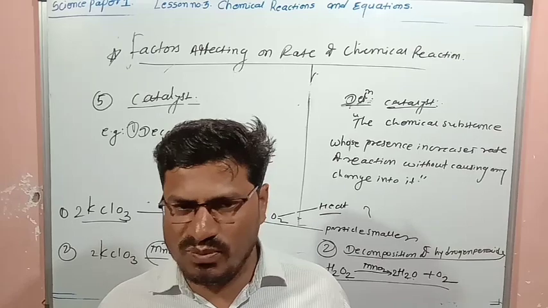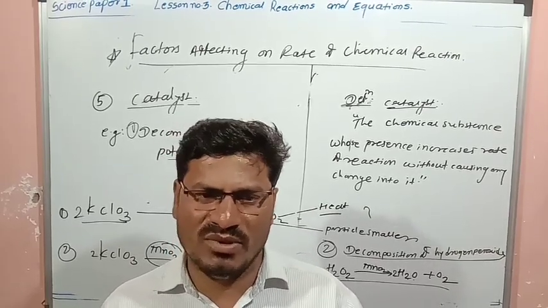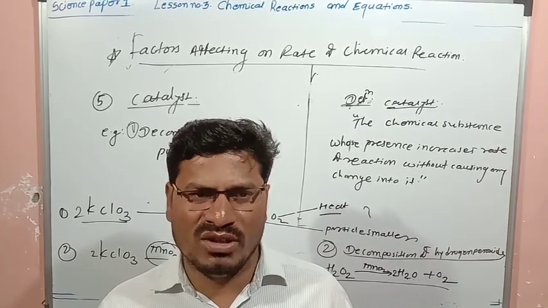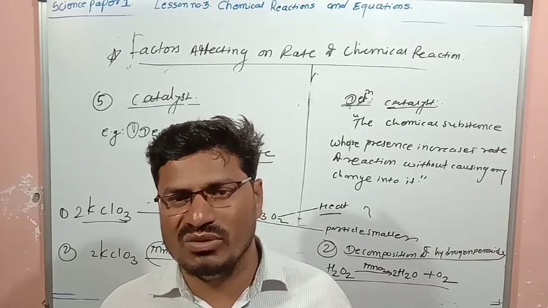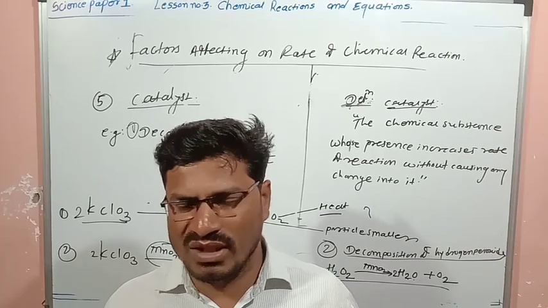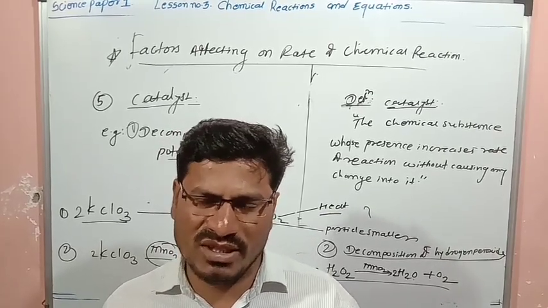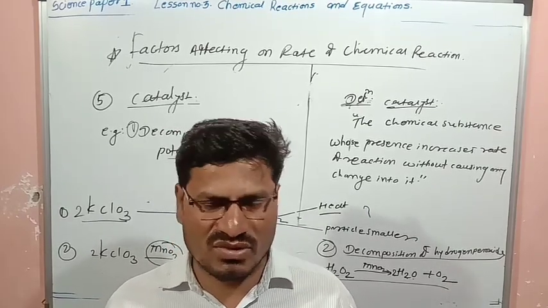The fourth factor we have studied is temperature. If you increase the temperature, if you supply heat, the chemical reaction will take place fast. If you heat CaCO3, it will get converted to CaO plus CO2 gas given out. The second example: the rate of formation of curd from milk is more in summer, and in the winter season it is a slow change.